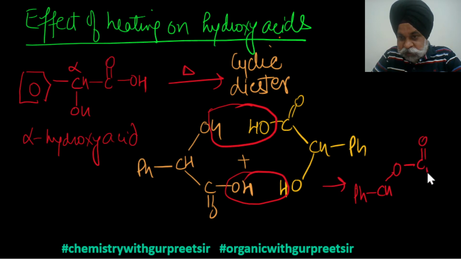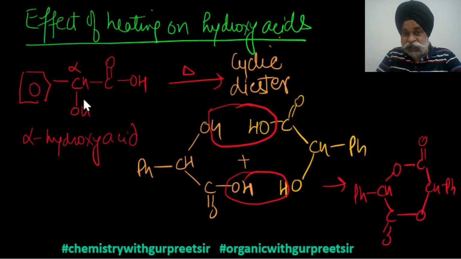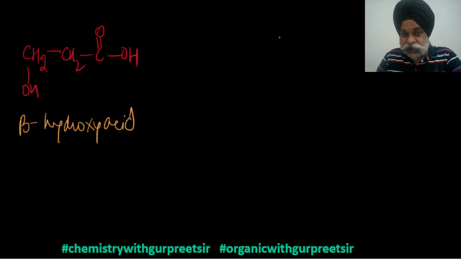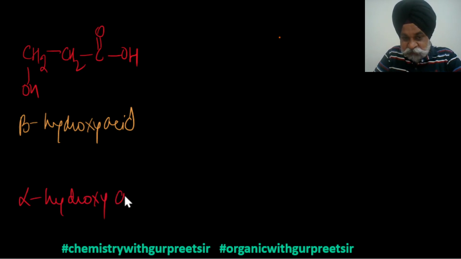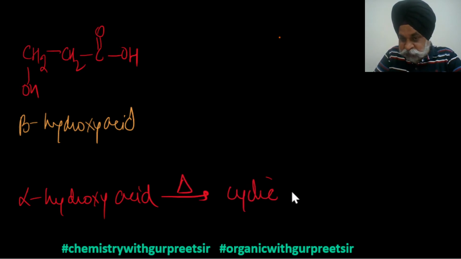Now this also is a very important topic if you are preparing for JEE Mains, Advanced and NEET examinations, because many times this particular question has been asked: what do you get when you heat an alpha hydroxy acid? When you heat an alpha hydroxy acid, you get a cyclic diester.